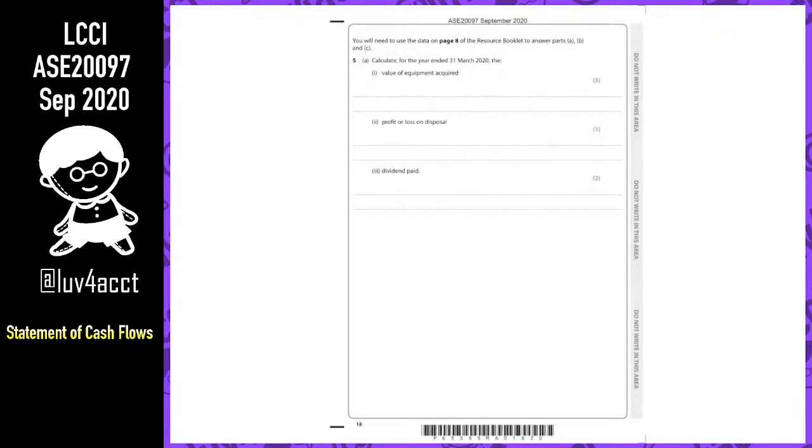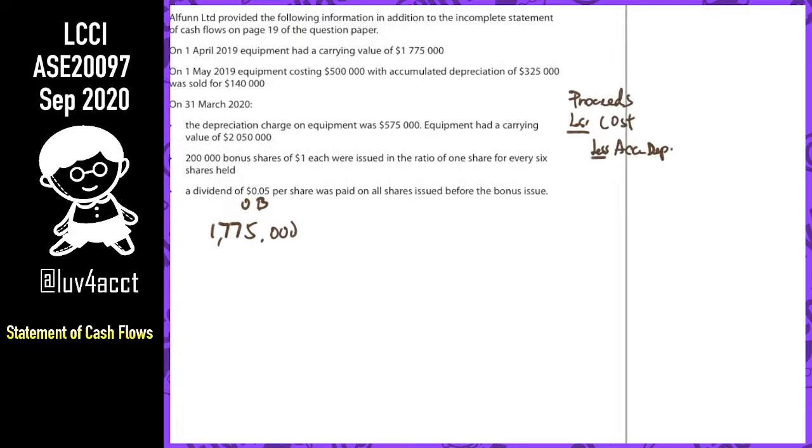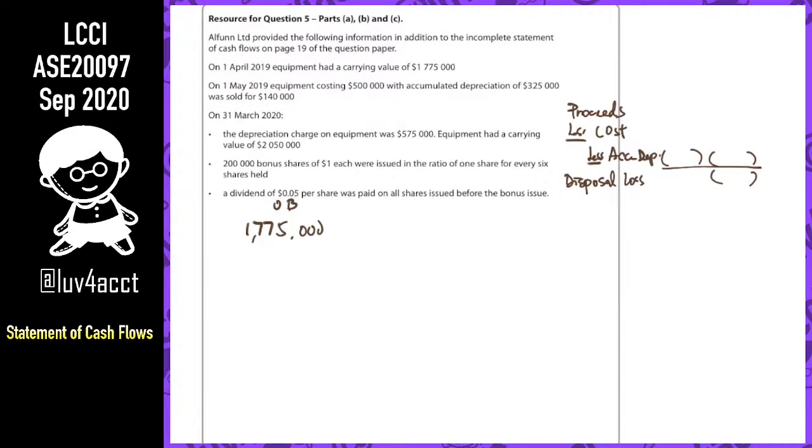Do we need any working? No, we don't need any working. So I will work it out here. Okay, just like the previous questions, we have the proceeds here, less the cost and the accumulated depreciation, and then we have the disposal. Here we are told that it is a loss, so I write it here. Okay, the proceeds being 140,000, the cost 500,000 with 325,000.